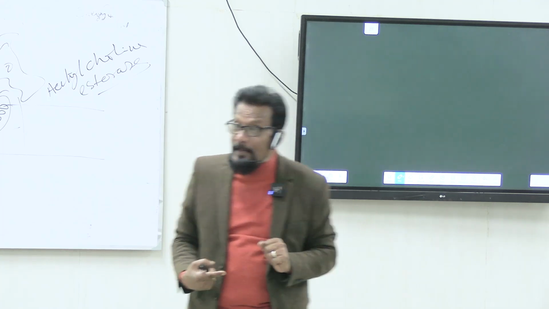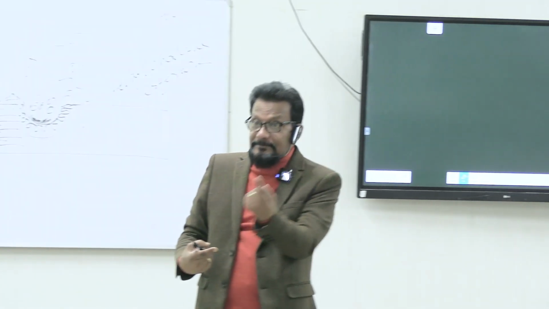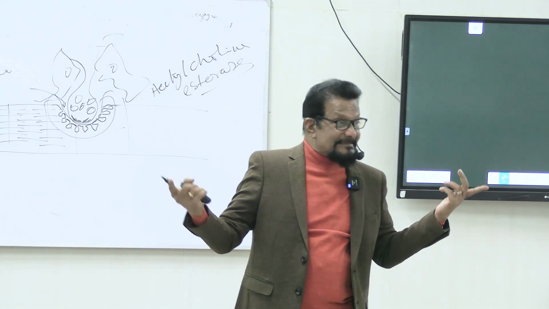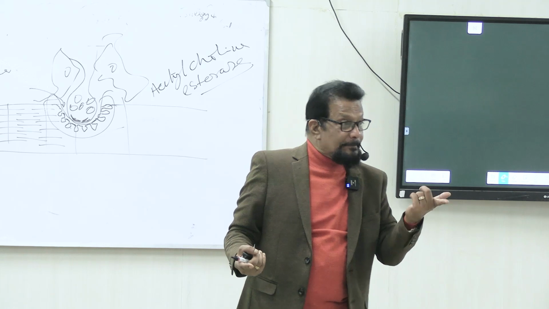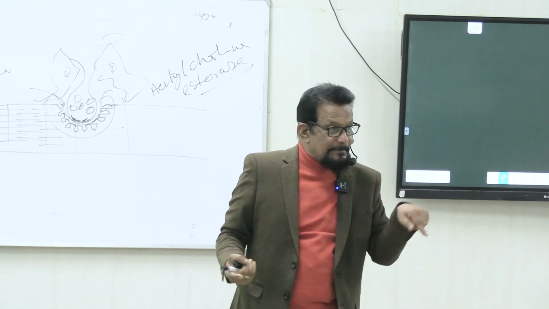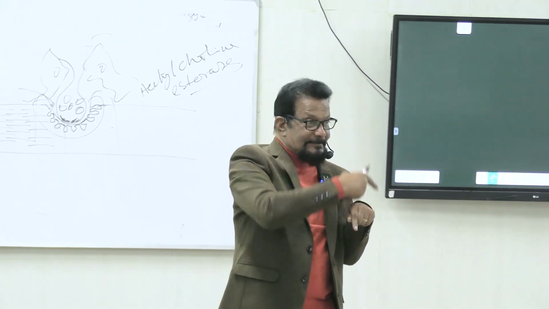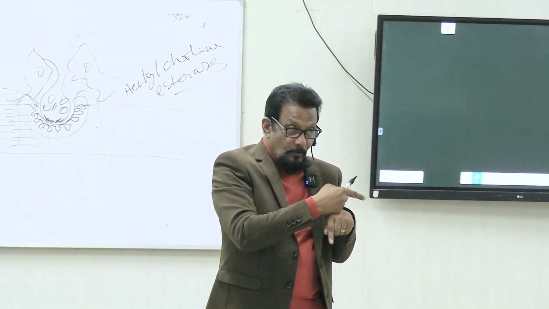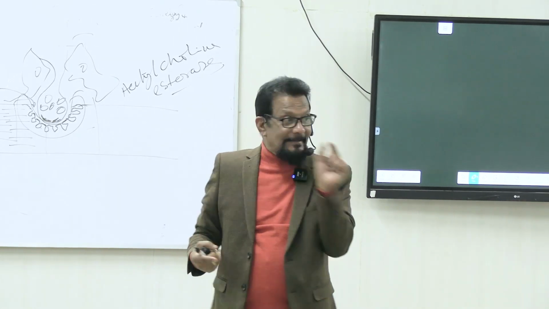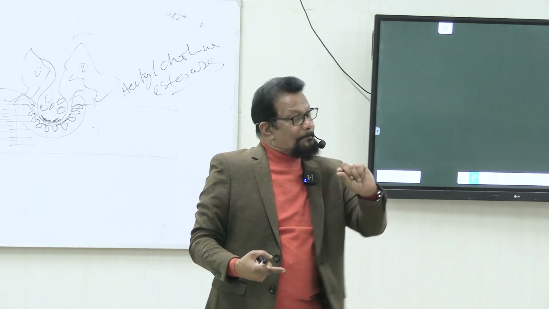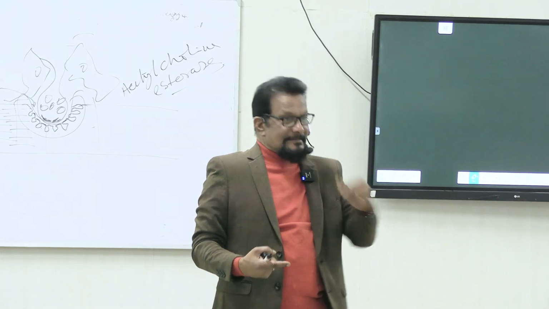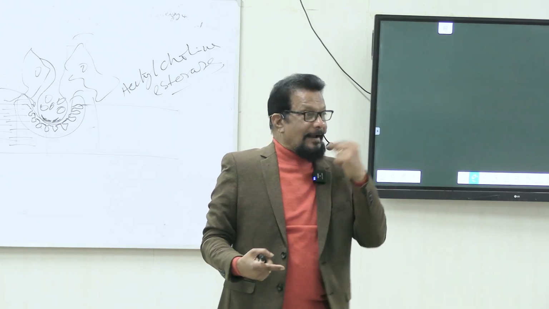As a result, what will happen? Like other excitable cells, inside of the sarcolemma is negatively charged, outside is positively charged. So if sodium enters within the sarcoplasm, there will be reversal of potential, means the muscle membrane, sarcolemma, will be depolarized.